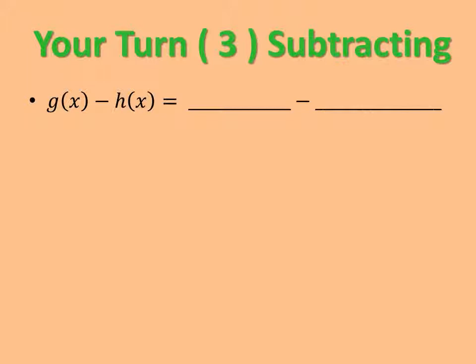We're going to work with our variables first. So carefully write down your variables, remembering you're subtracting the h of x from the g of x. So you're going to write the term down from the g of x, subtract the term from the h of x.